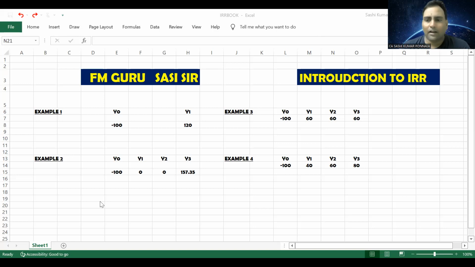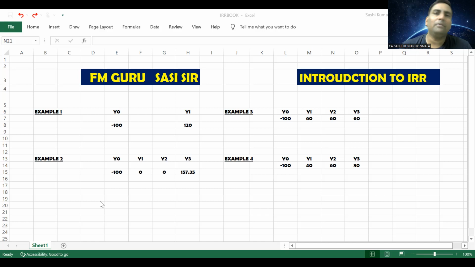Look at this. I have taken 4 examples to highlight this concept. First of all, you should have a basic understanding of what is present value and what is future value. Suppose I have 100 rupees in hand. I want to deposit this 100 in a State Bank of India savings account where the interest rate is say 4%.